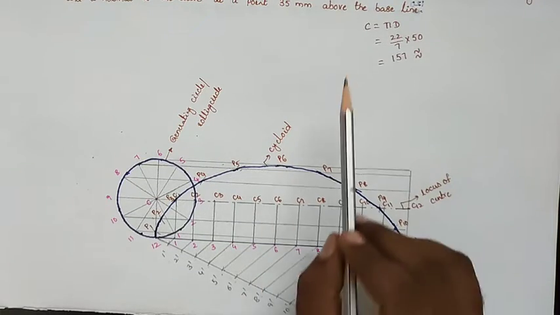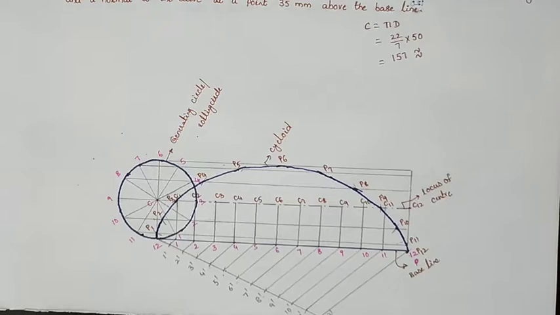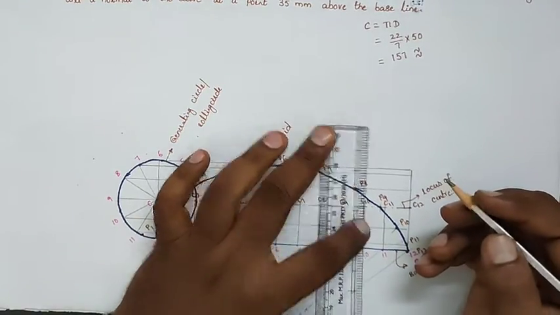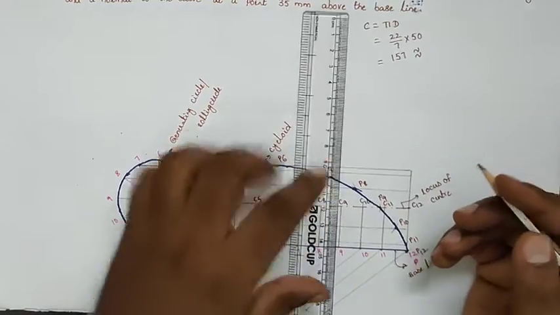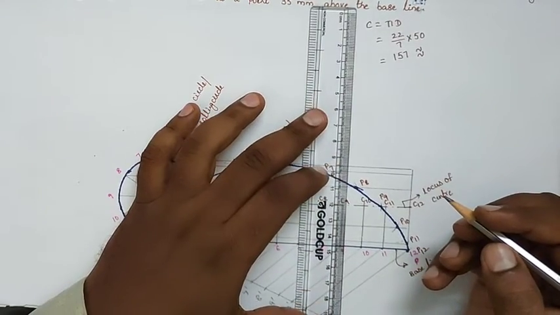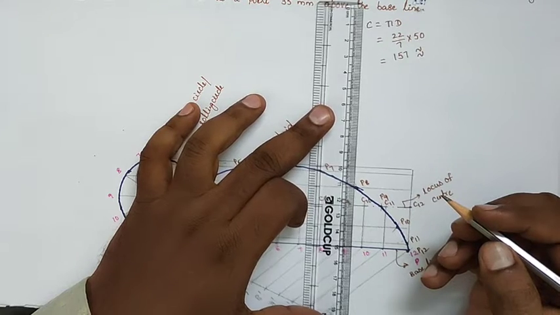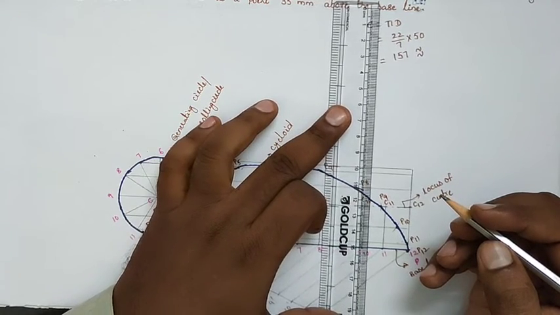So what they are giving is that from the baseline you can take a 35 mm distance, and on the cycloidal curve you can locate a point. Take 35 mm distance by using your scale in the direction of the curve.